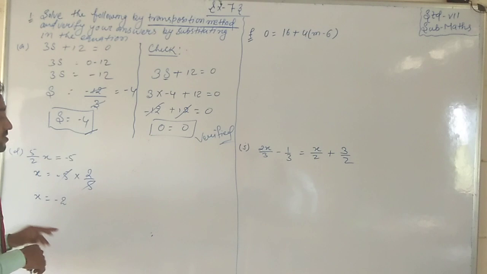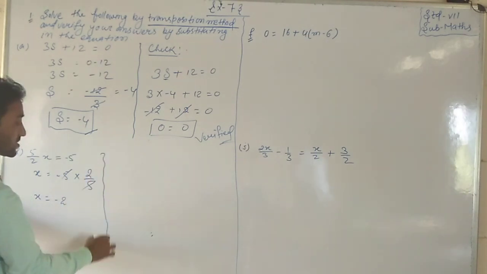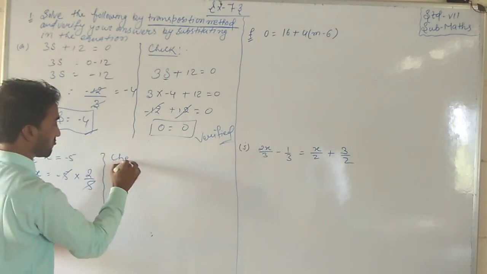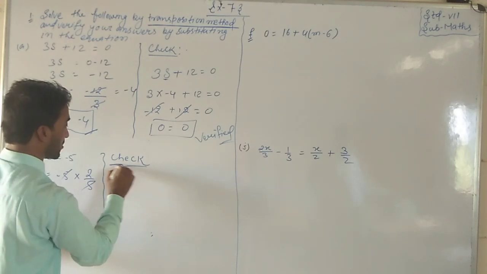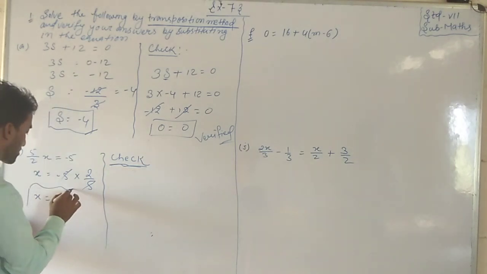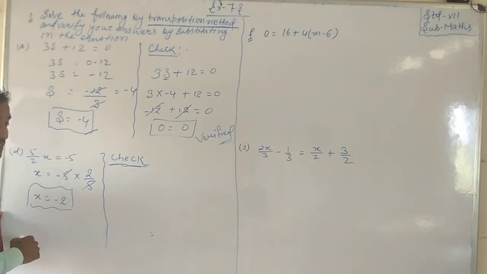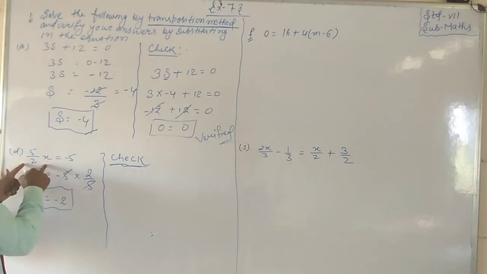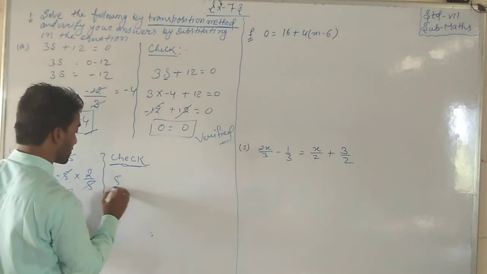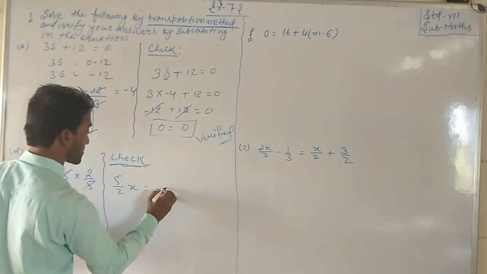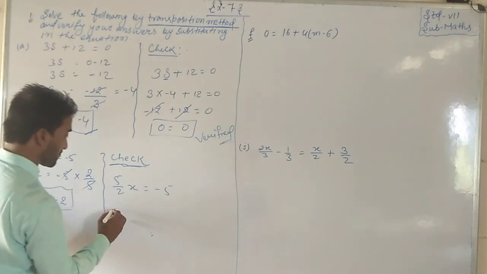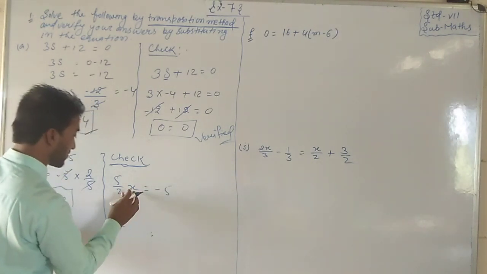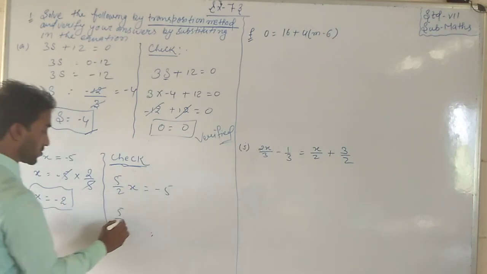Now how to check? For checking, we put the value of x we calculated into the equation. The equation is 5 by 2 x is equal to minus 5. The value of x is equal to minus 2.